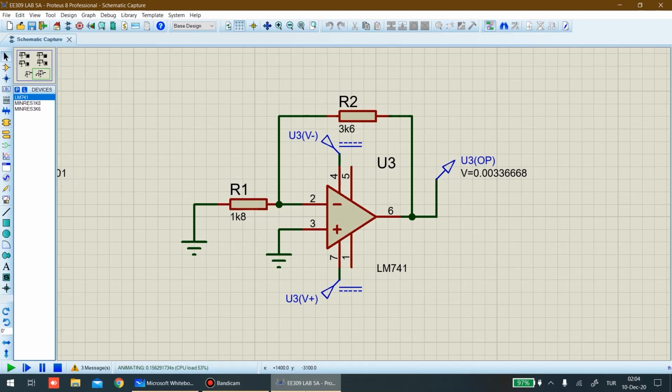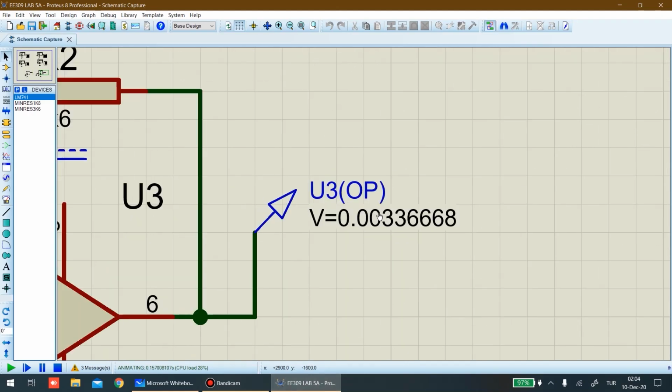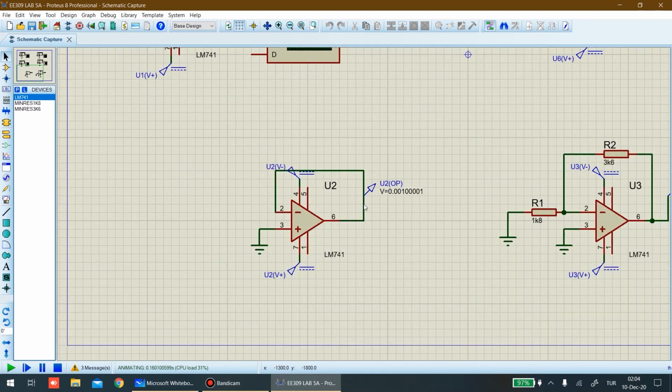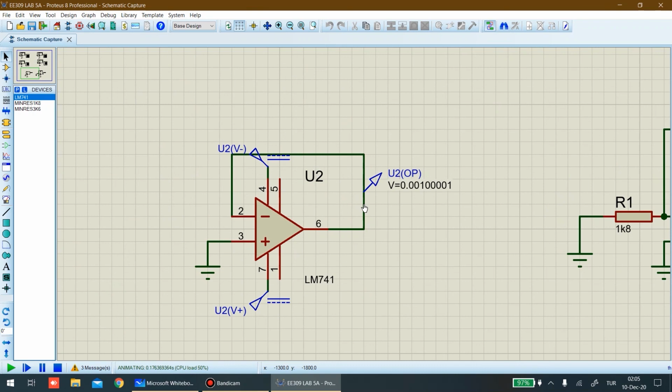However, for this example, it is 0.003366. So, the op-amp gain will multiply the offset voltage.